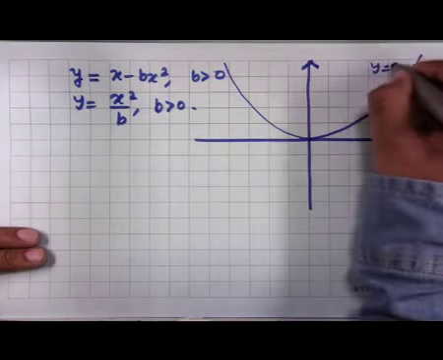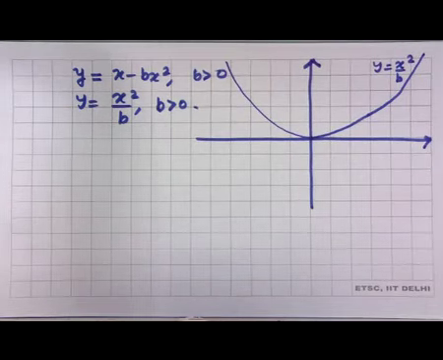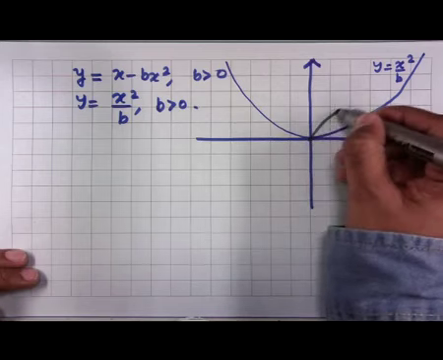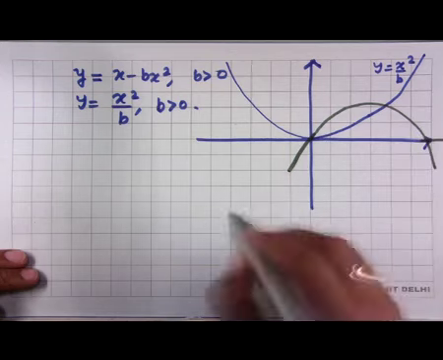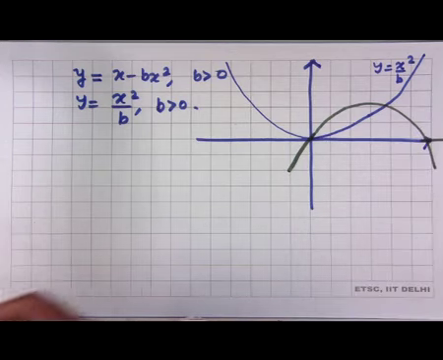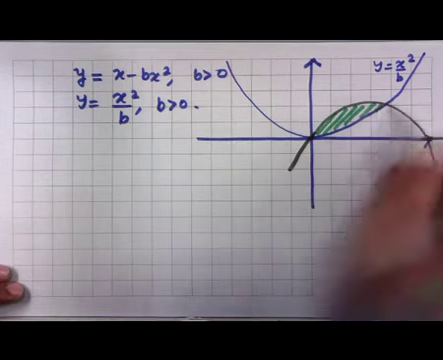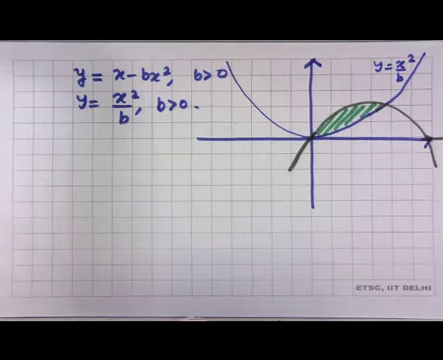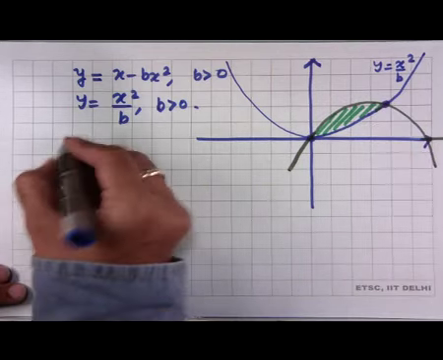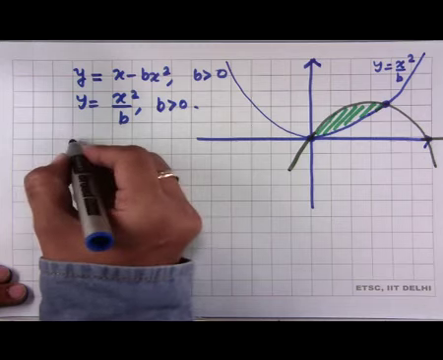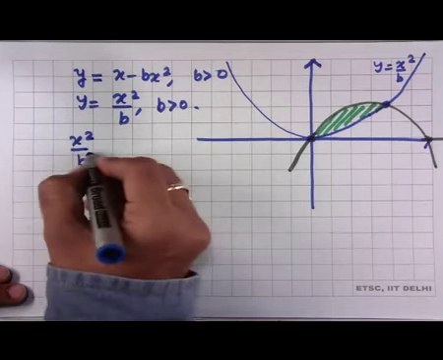This is your y equals x square by b, and the other one is this. So the area that is enclosed between them is this one. So, we need to find the point of intersection of both. Let us solve both the equations.